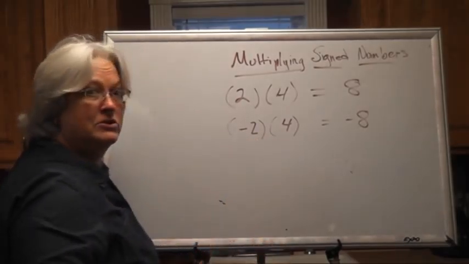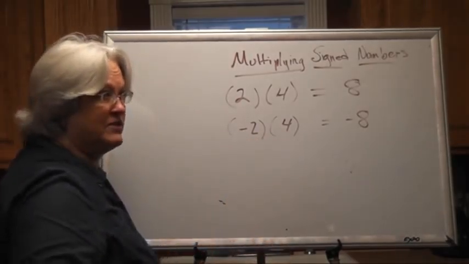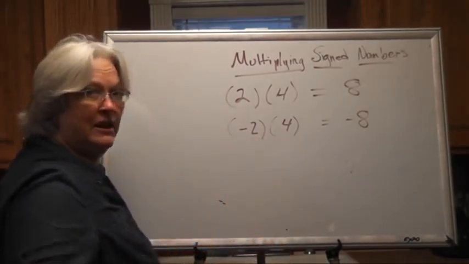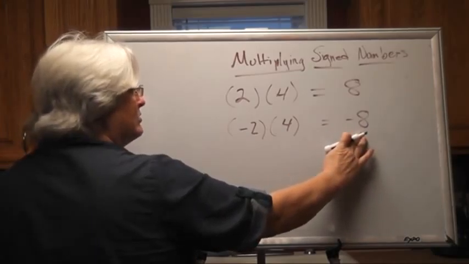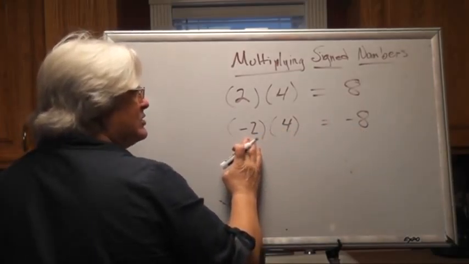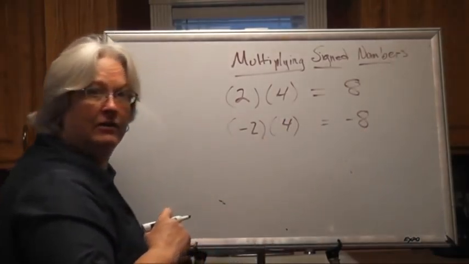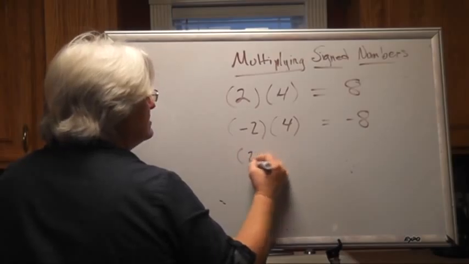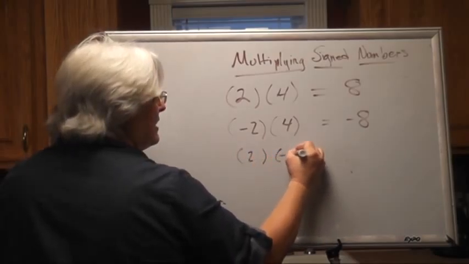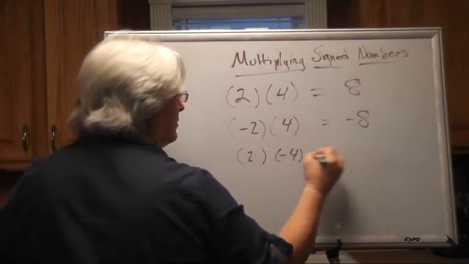Well, do you all of a sudden have $8 that you have put into your billfold? No, you owe a total of $8 to people, $2 to each one of those 4 people, so we have a -8.